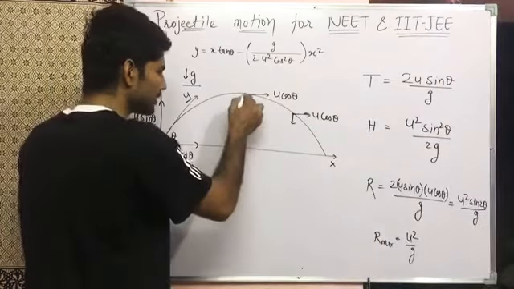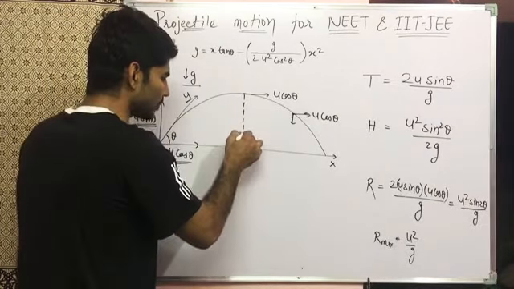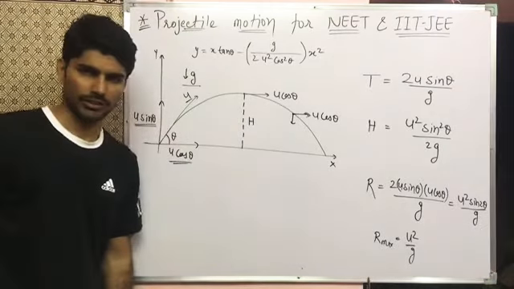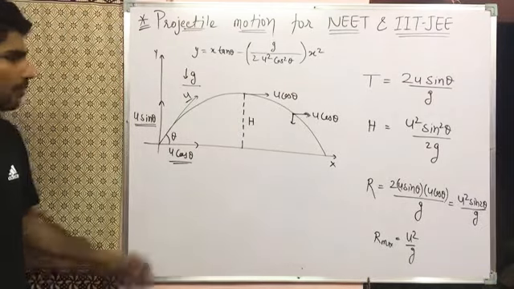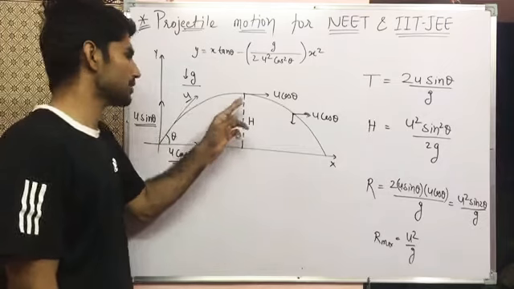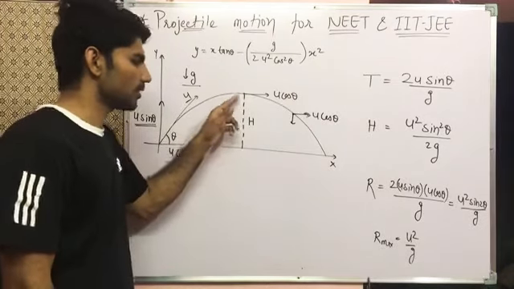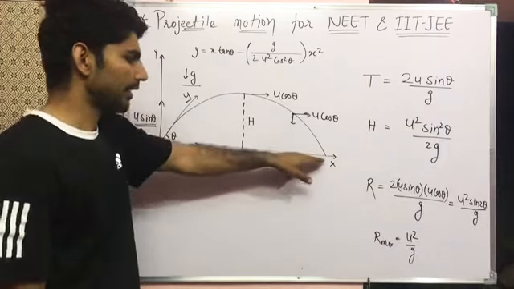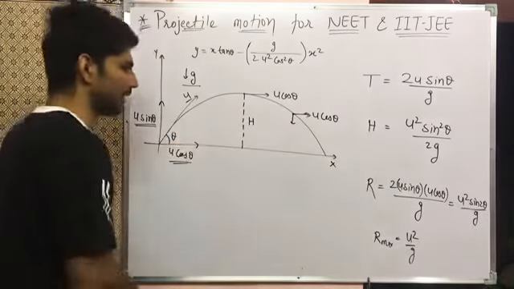This is the highest point, and we call it the height of the projectile. After this point the height of the object goes on decreasing, and it hits the ground again after a certain time.